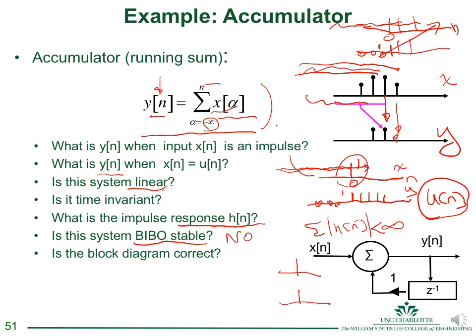The 1 gets added to 0, and the next output is a 1, and that repeats itself. And so the 1s keep getting stored in the register and keep getting 1s at the output. And so indeed, this system has an impulse response that's u of n. So this is an implementation of the accumulator or running sum.